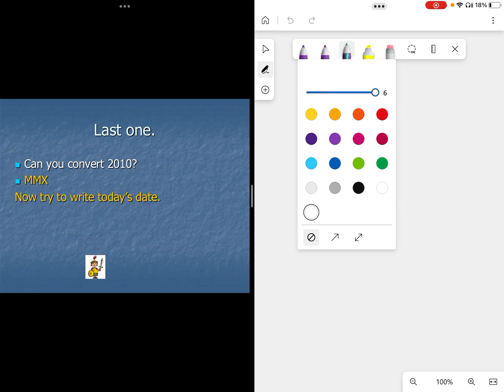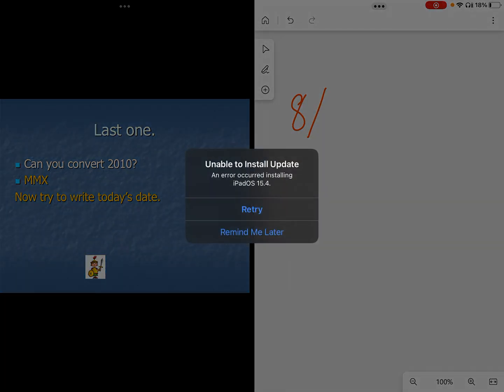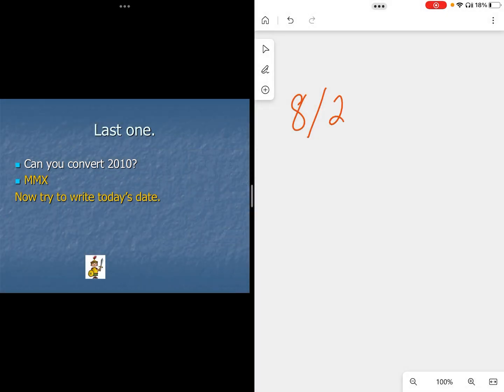Okay, still that. And we're going to make it red. Okay, so here we go. August 24th, 1999. I think it was the 24th. I can't remember the exact day, but basically, that's when I became a teacher. That was the first day of school.